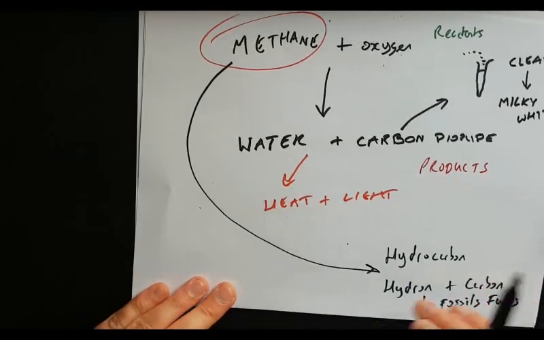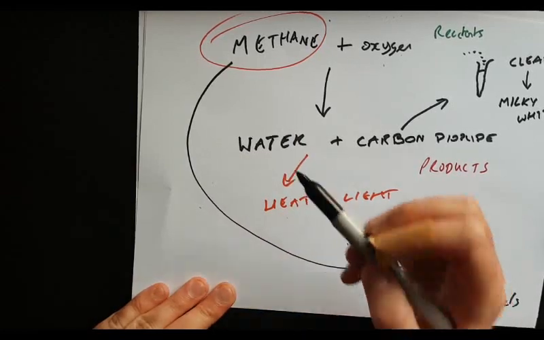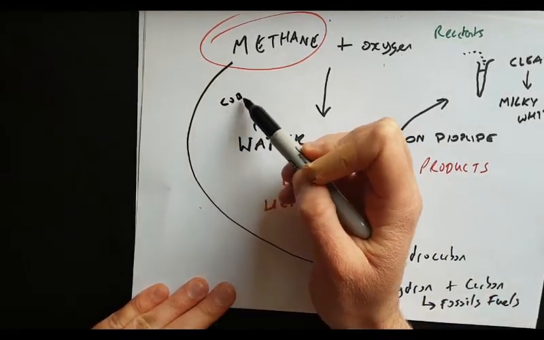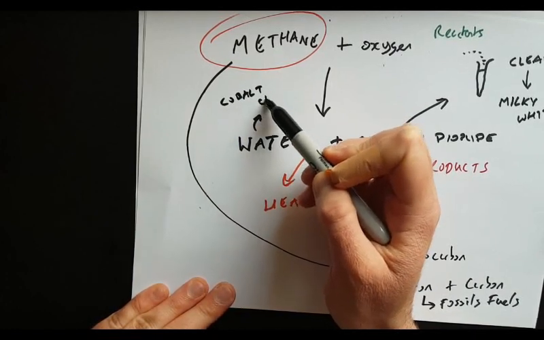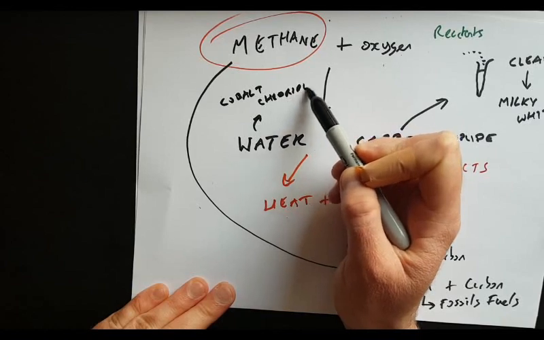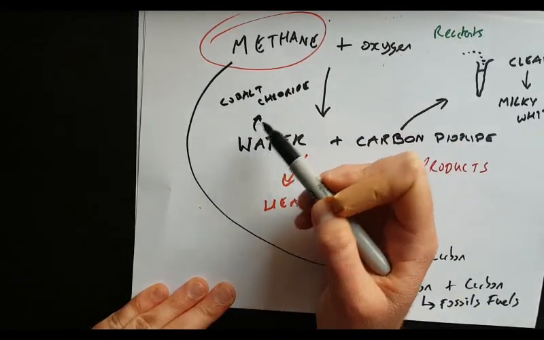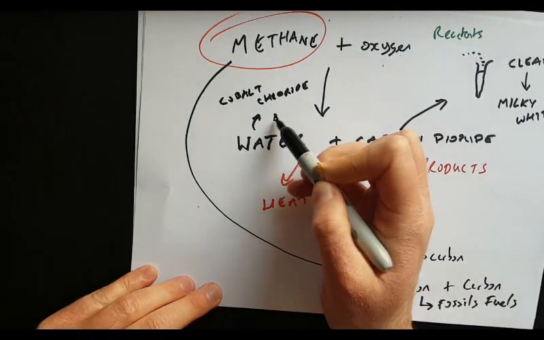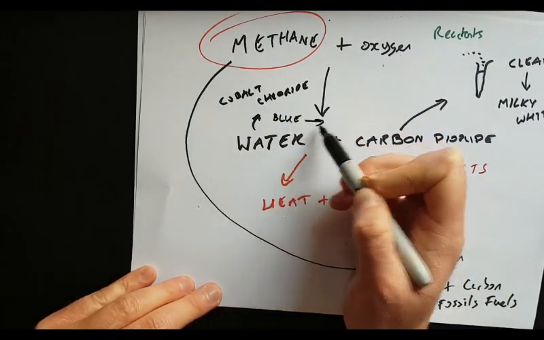What about water, the other product of combustion? For water, we would use something called cobalt chloride paper, and that would turn from blue into a pale pink. So blue to a pink.